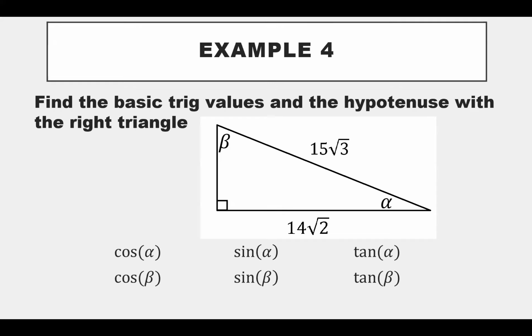Use the Pythagorean theorem to find the length of the other leg, and then find cosine, sine, and tangent of both alpha and beta. Go ahead and push pause on the video and try this on your own. In a couple of seconds, I'll show you how it's done.